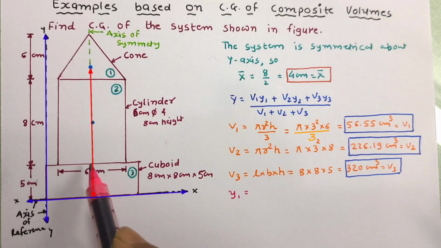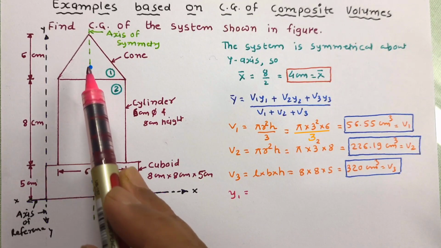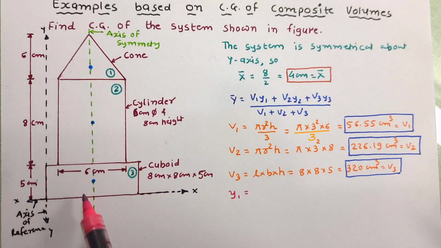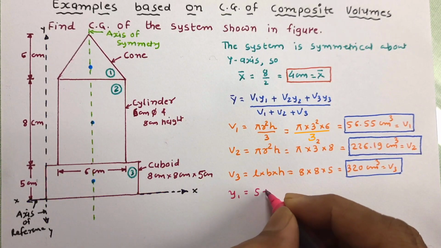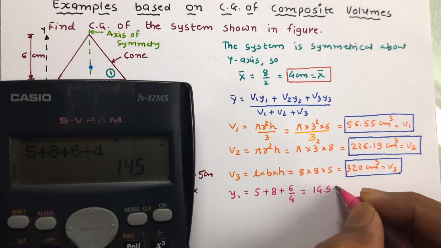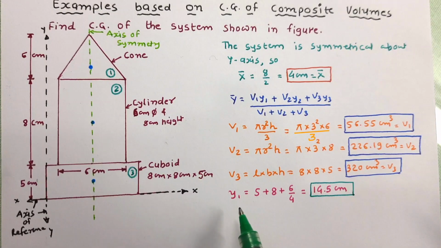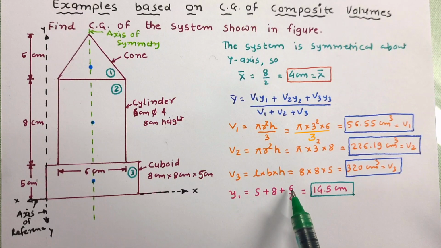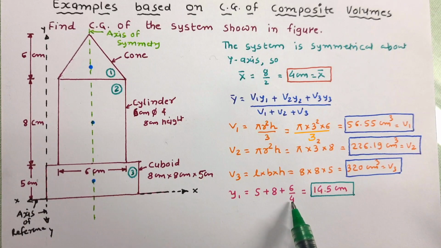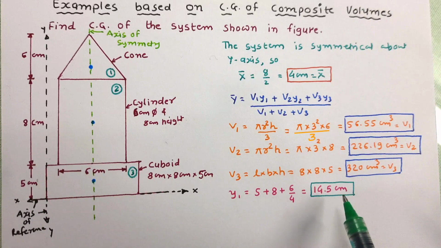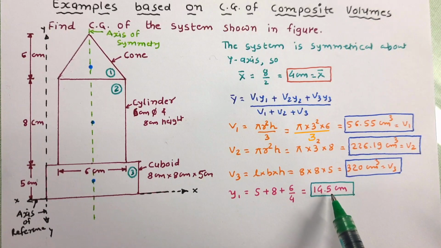So 5 centimeter plus 8 centimeter plus h by 4 will give the value of y1. So let us write it. Height of cone is 6. So 6 divided by 4, h by 4, plus 8 plus 5. So the value of y1 has been obtained as 14.5 centimeter.